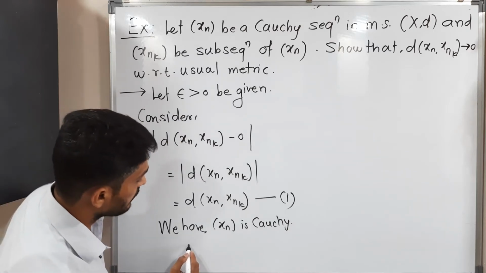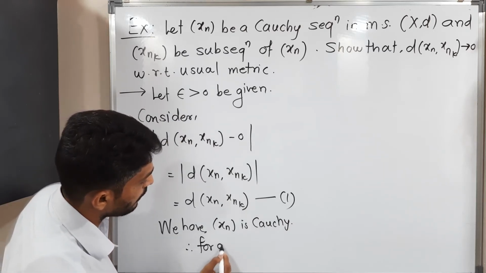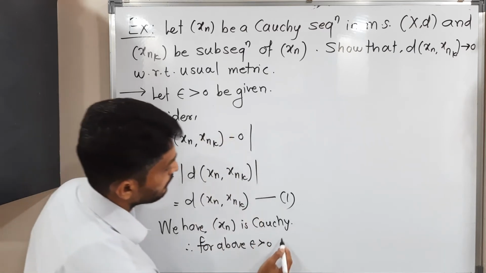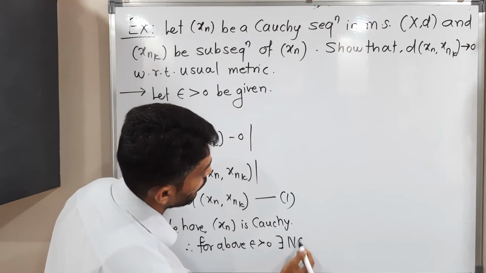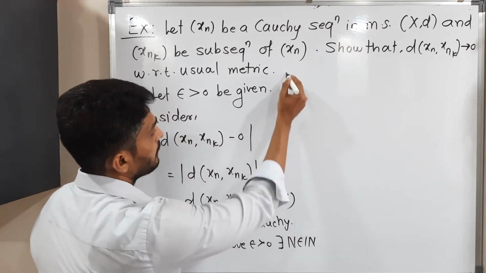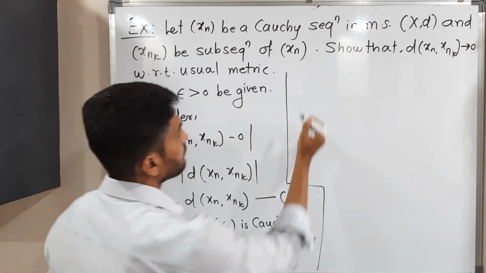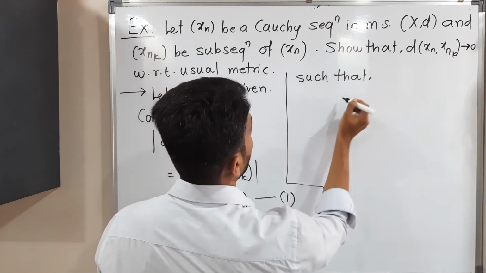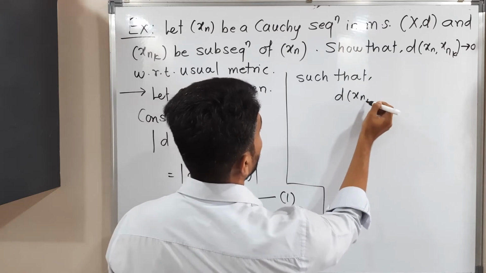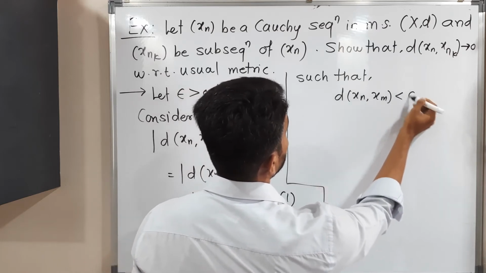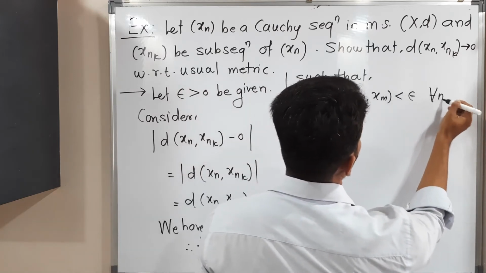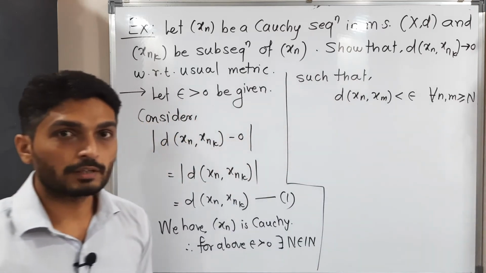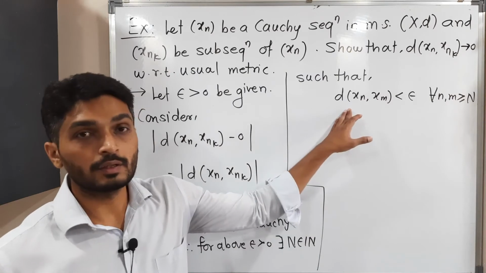For the above epsilon greater than 0, epsilon we have already taken here, there exists N belonging to the set of natural numbers such that d of xn, xm is less than epsilon for all n, m greater than or equal to capital N. Using the definition of Cauchy sequence, we could write it. Call this 2.